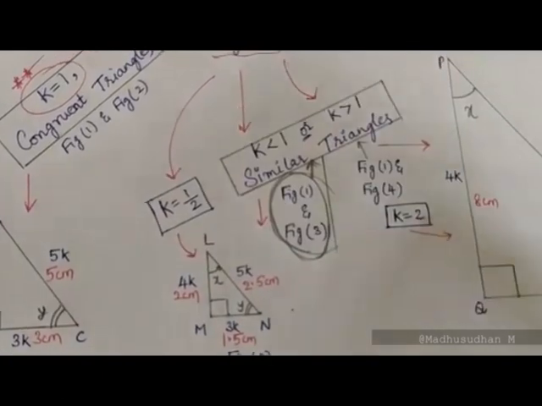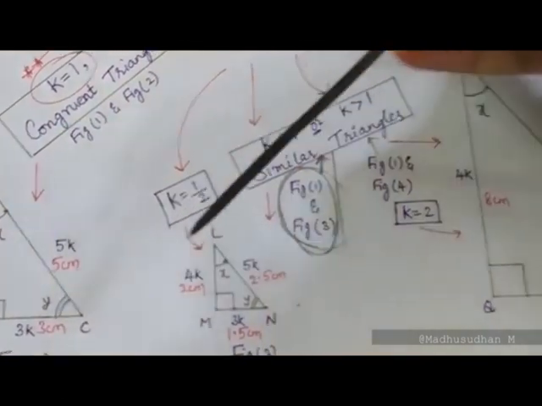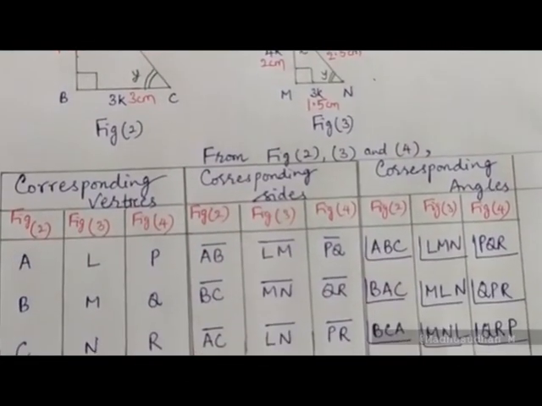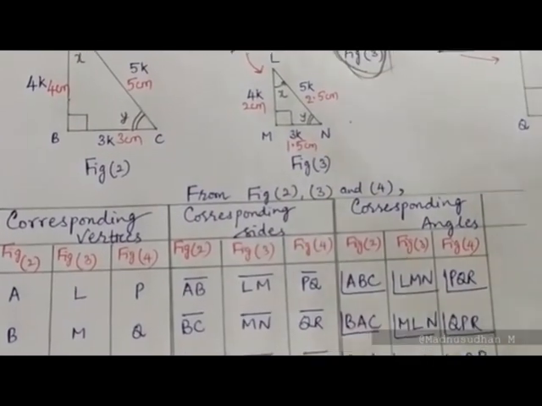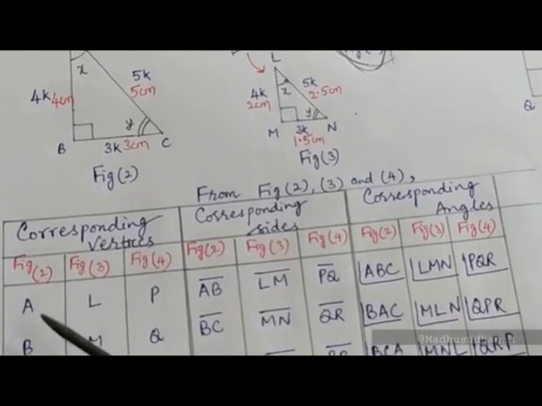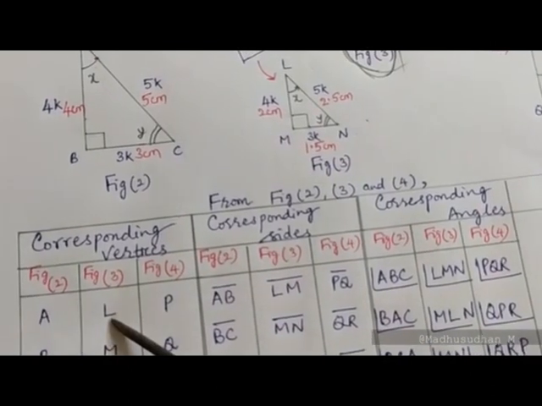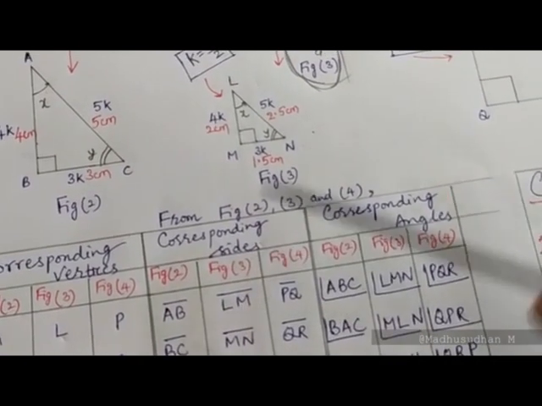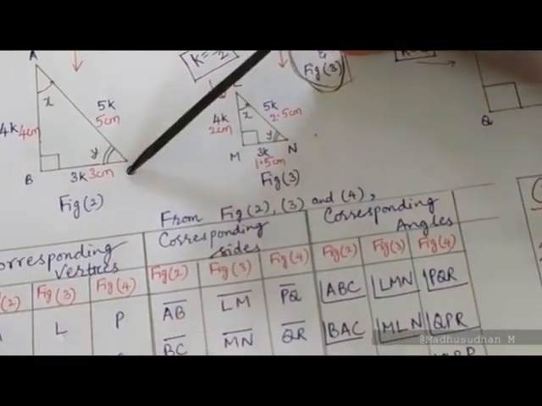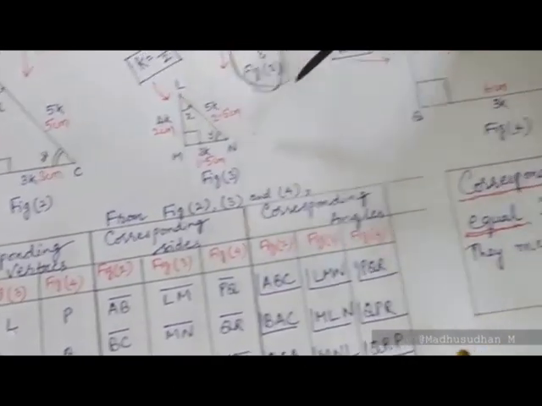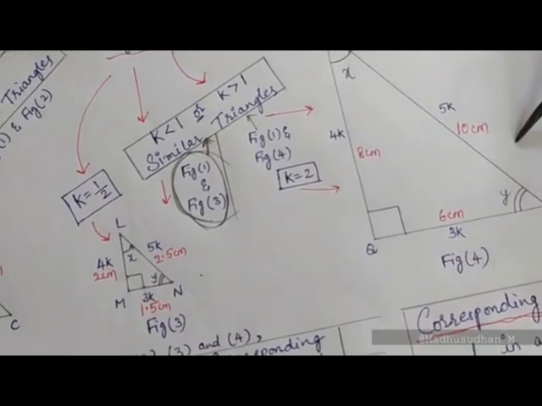Similarly, AC corresponds to LN and to PR. I think we can refer to this table with the figures.